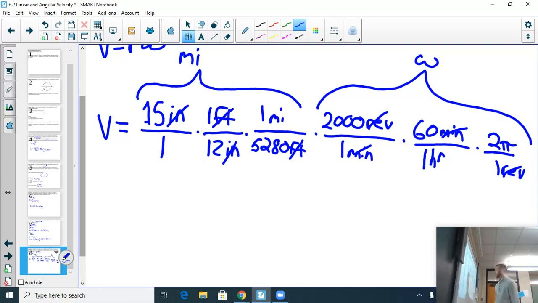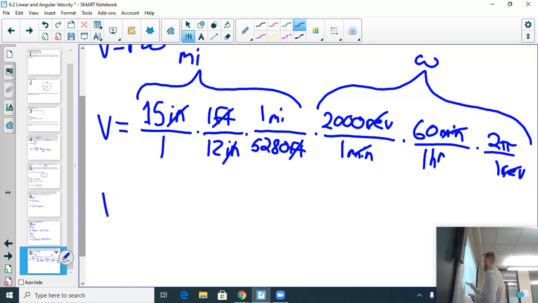And assuming I've done that all right, what's going to be left is miles per hour, and that's just something that we need to put in the calculator. 15 times 1 times 2,000 times 60 times 2 times pi. That's a really big number, but then it needs to get divided by, and I'm going to put in parentheses 12 times 5,280, and the rest is 1.